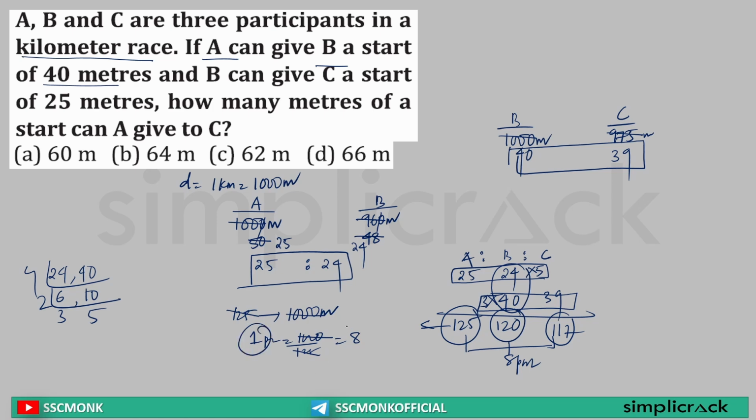That means one part is equal to 8. So 8 parts will be 8 into 8, that is 64 meter. That means A will beat C by 64 meters, or A can give 64 meter head start to C, so that they will reach the finish in the same time. Yes or no? Sorted. Very difficult question, but we break it into very simple language.